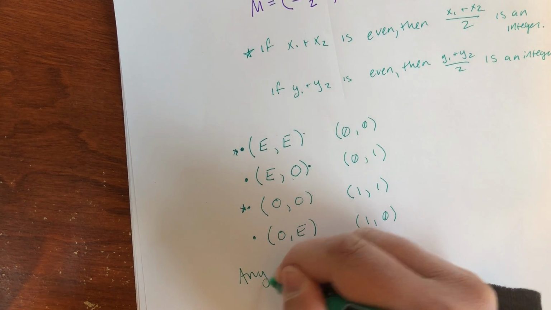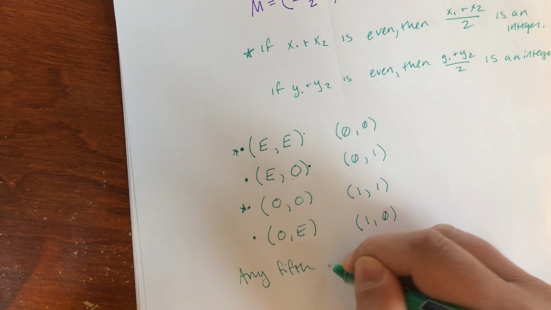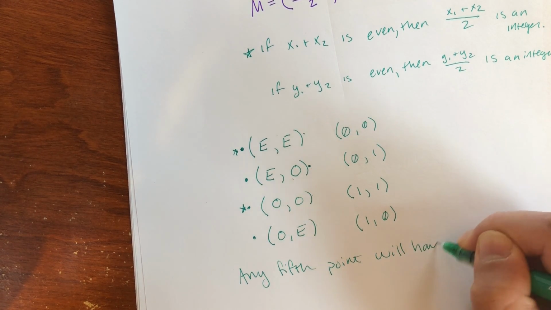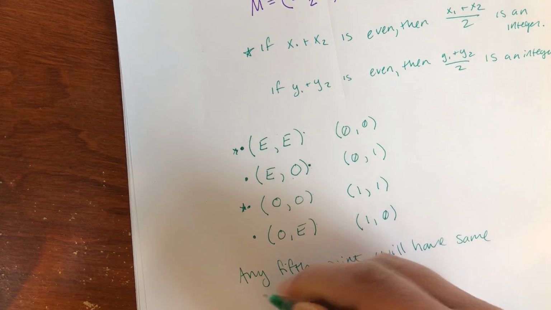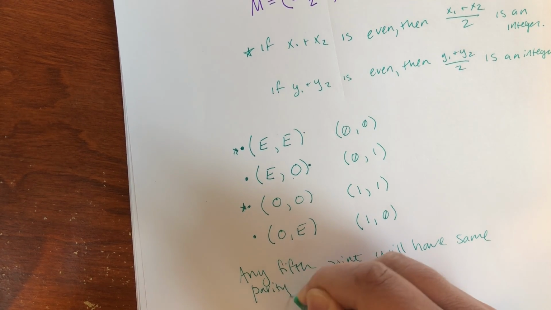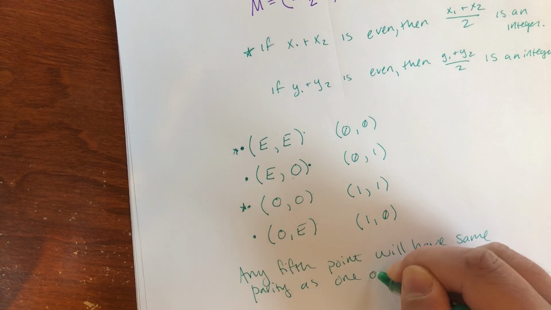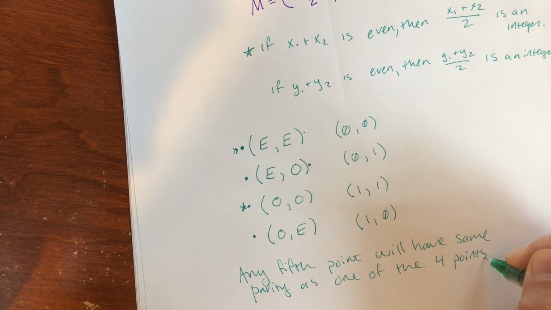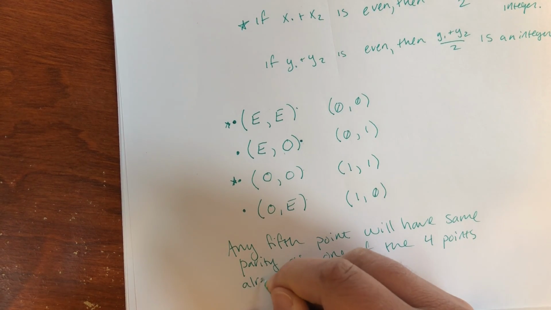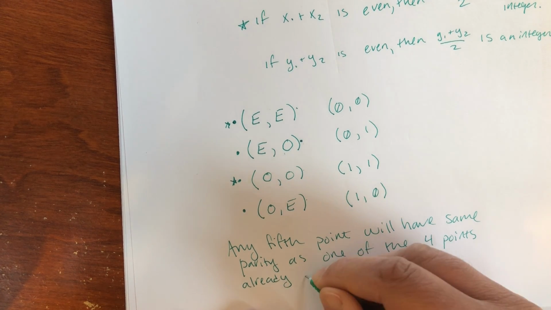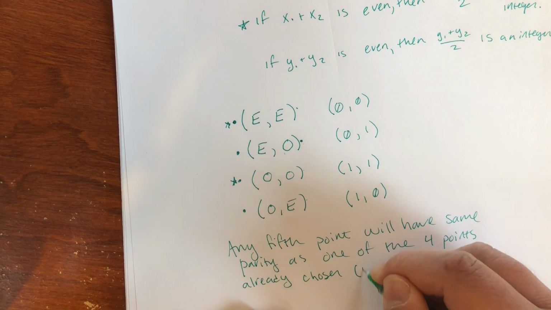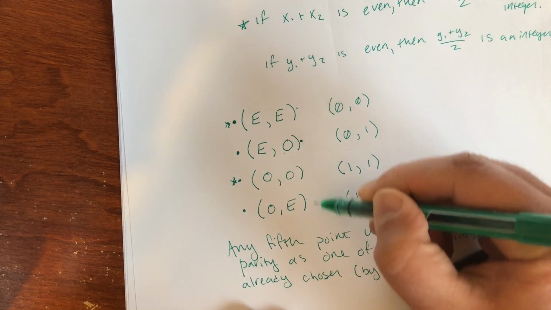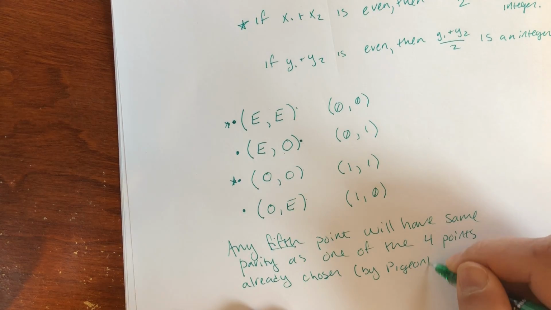So any 5th point will have the same parity as one of the 4 points already chosen. And we know that by the pigeonhole principle, because there's only 4 pigeonholes, and now we're choosing a 5th point.